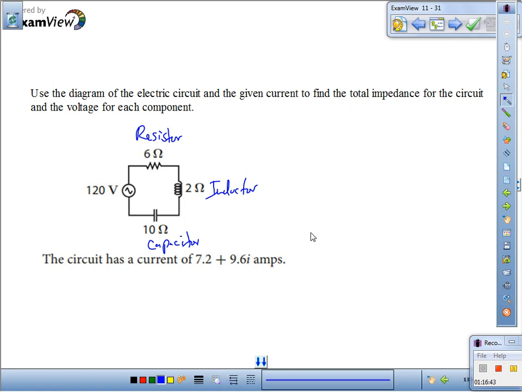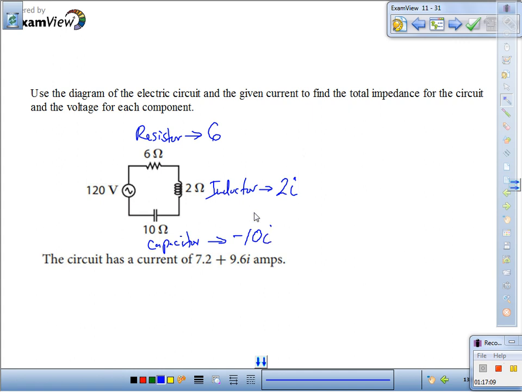So before I get started with everything, the resistor. What is the value of the resistor? Who remembers? It's just a constant, so it's positive 6. What is the impedance for the inductor? 2i. That is correct. And for the capacitor, it's negative 10i. You guys remember these?